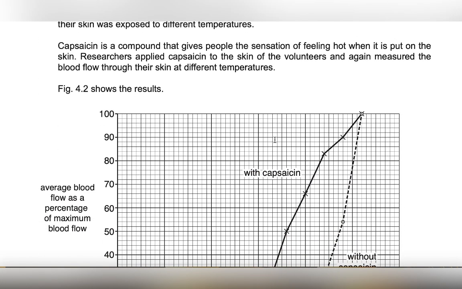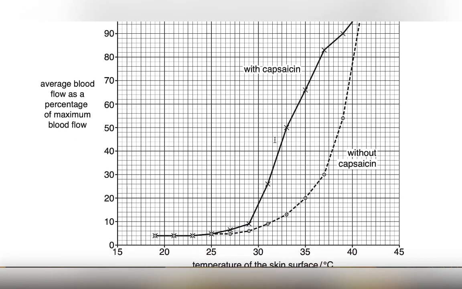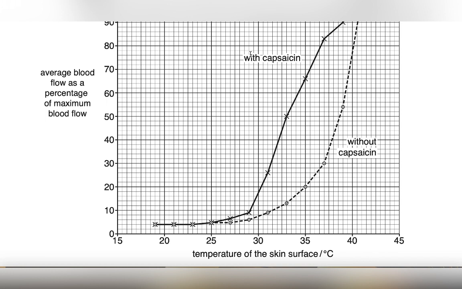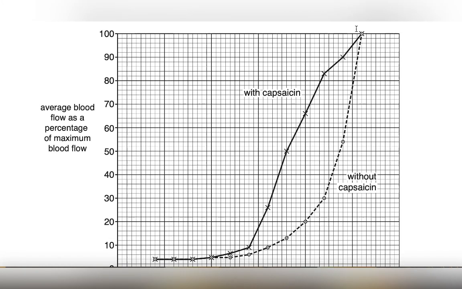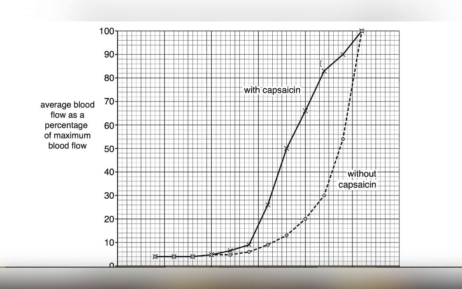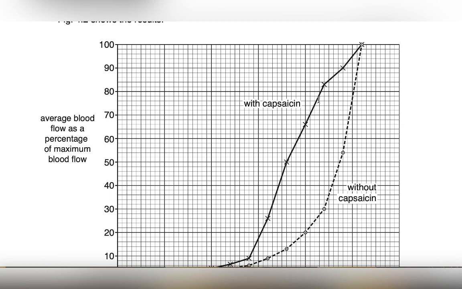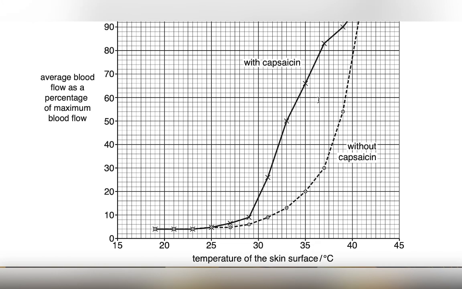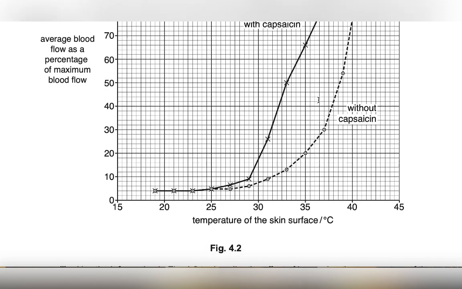Figure 4.2 shows the result. Okay, with capsaicin, without capsaicin. Without capsaicin, the graph will be like this. With capsaicin, it takes a faster time to reach. The average blood flow as a percentage of maximum blood flow is plotted against the temperature of the skin.